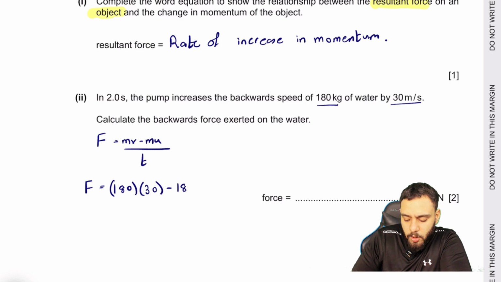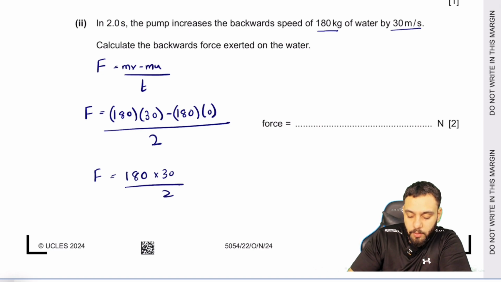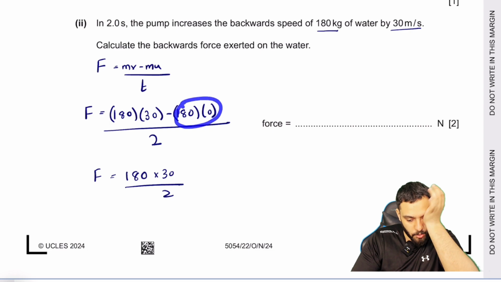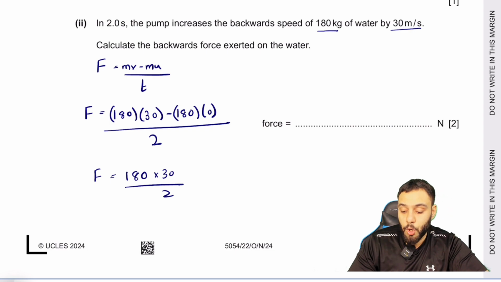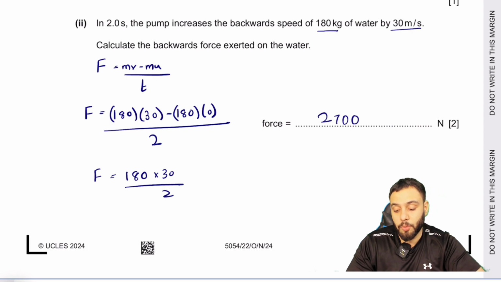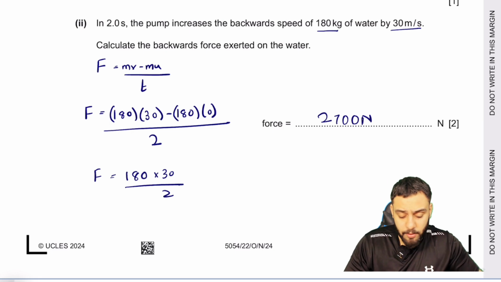Initially, the speed of the water was 0 and the time was 2 seconds. So I can get the force by just multiplying 180 by 30 over 2, because 180 times 0 would be 0. If I use my equation, 180 times 30 divided by 2, I would get the force as 2700 newtons. So keep a calculator in your hand. It's going to be 2700 newtons.